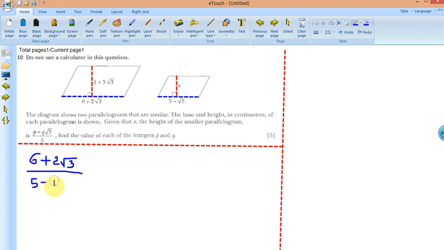So you can just say equals to, it's like directly proportional. Since I use big here, you go back to the big now. So the height of the big parallelogram divided by the height of the small parallelogram.